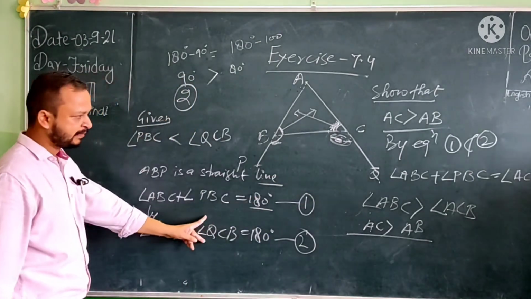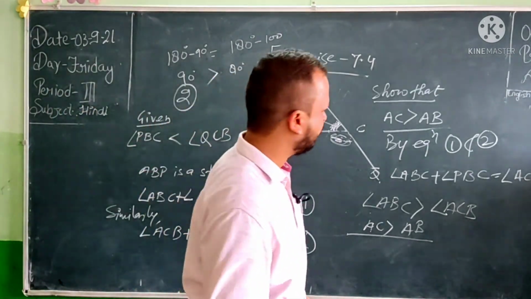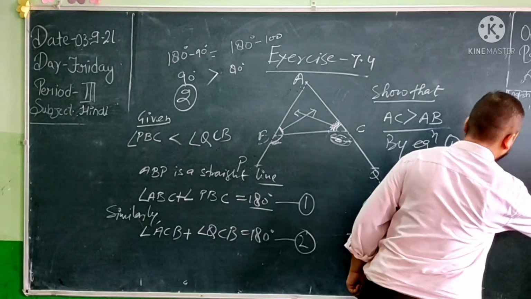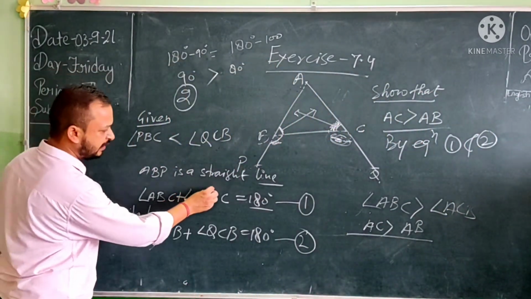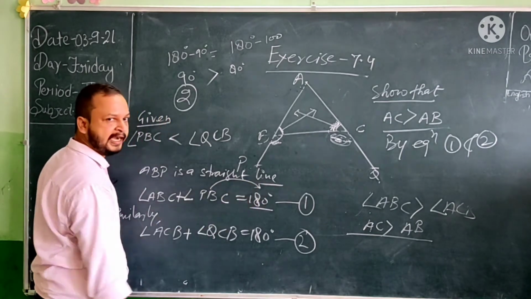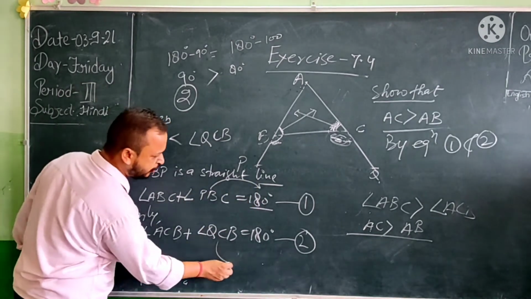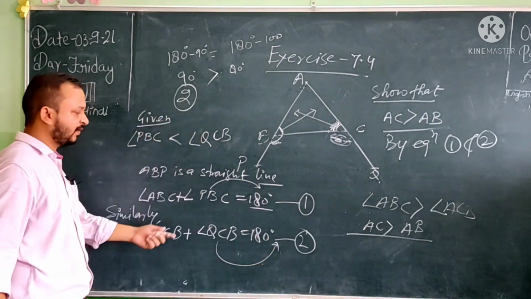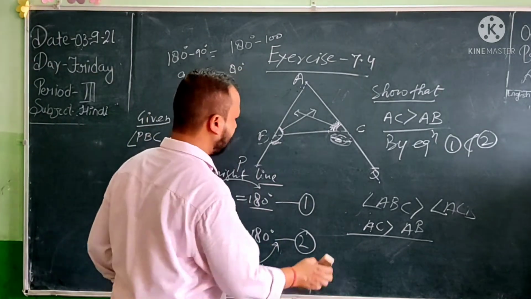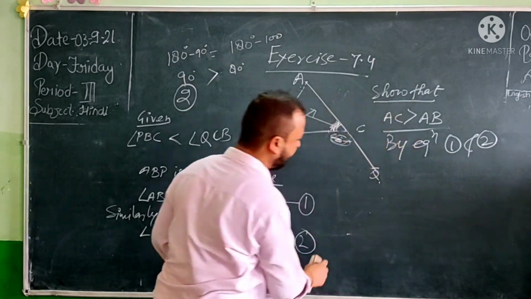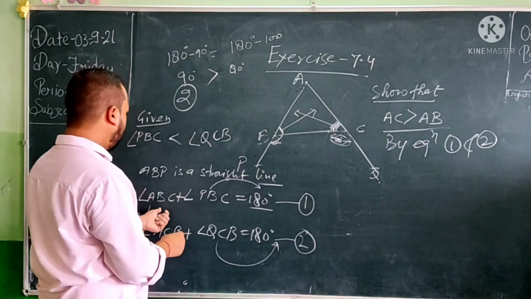अब ये चीज हमने लिखी यहाँ पे. चलो इस चीज को आप एलिमिनेट करो. आप यहाँ पे लिखेंगे क्या? Just transpose this PBC to this side and this QCB to this side. From equation 1, what you can write here? ABC.